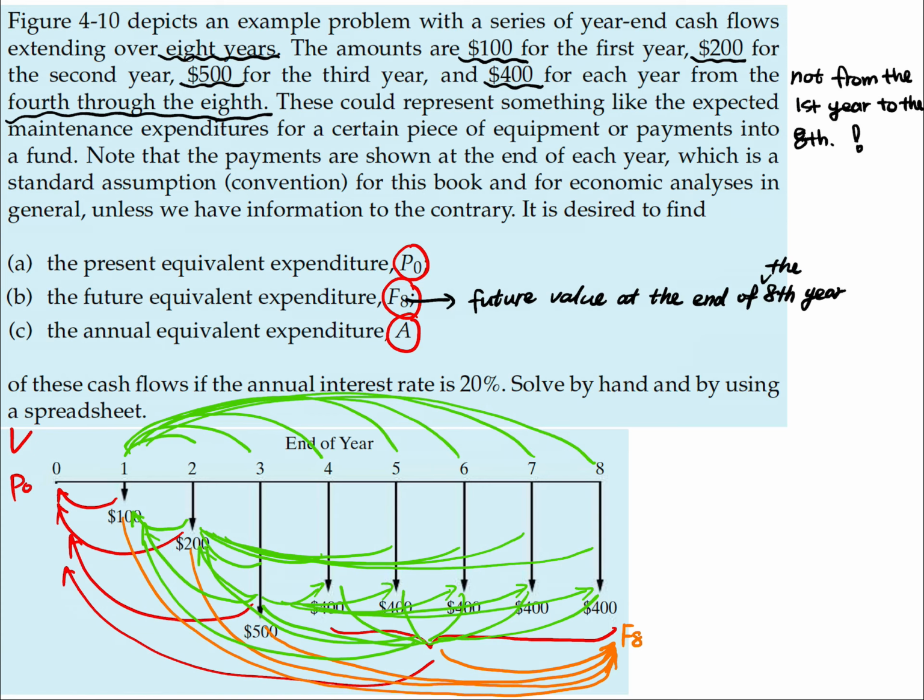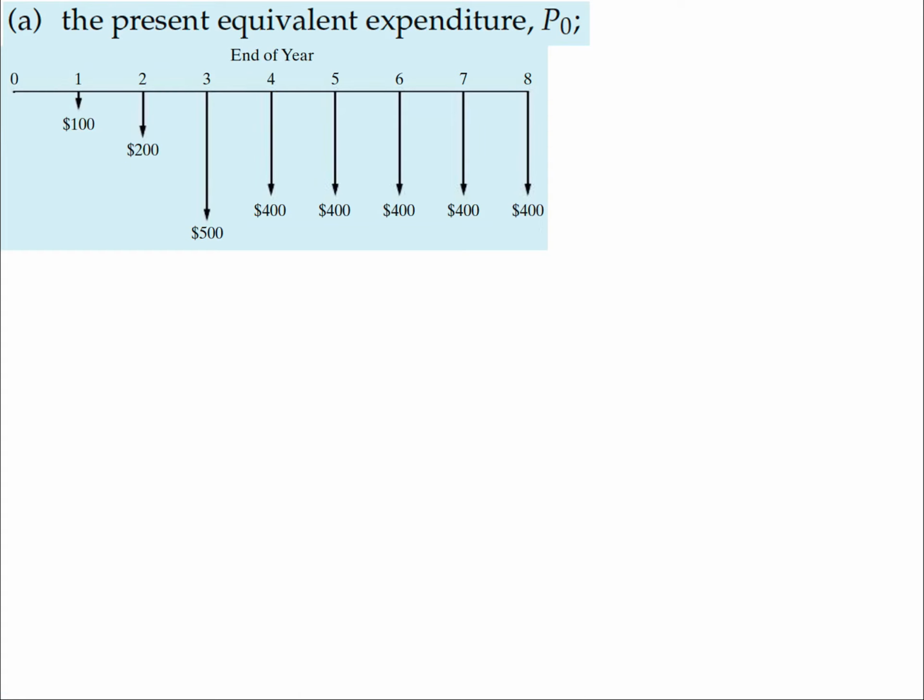And the question C, the annual equivalent expenditure. Okay, so of these cash flows, the annual interest rate is 20%. Okay, so now you're looking for the equivalent present value, the equivalent future value, and the equivalent annuity of these multiple cash flows.